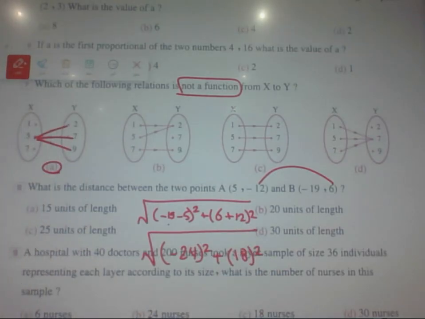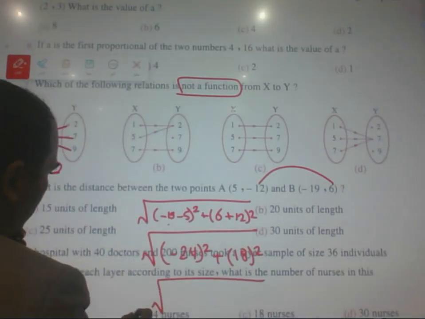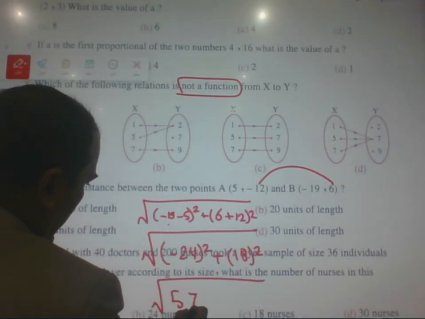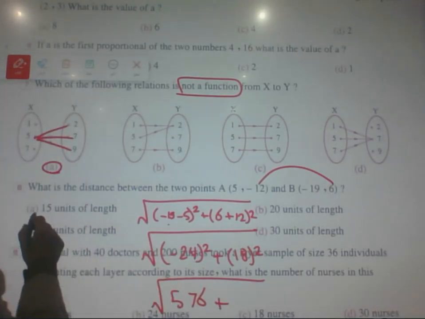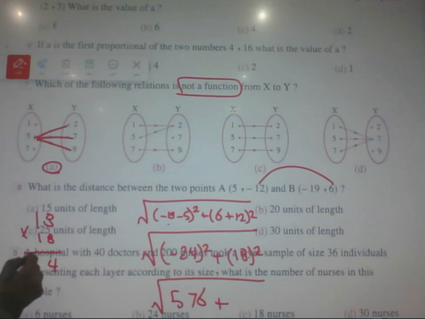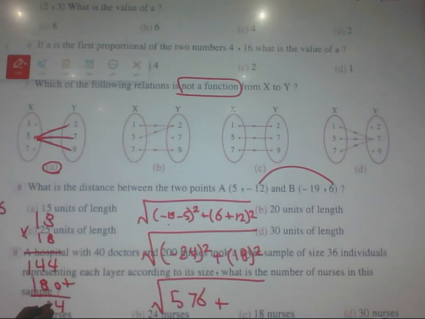Okay, we can find the answer. 24 times 24 is 576, and 18 squared, 18 times 18: 8 times 8 is 64, write 4 and carry 6. 1 times 8 is 8, plus 6 is 14. 1 times 18 equals 18, and then correct.